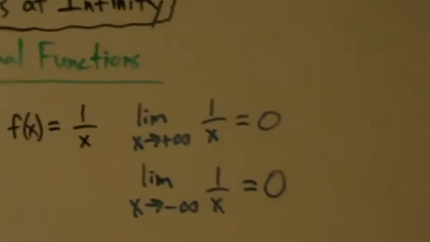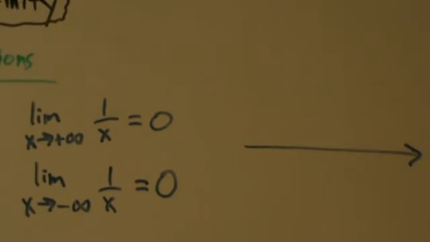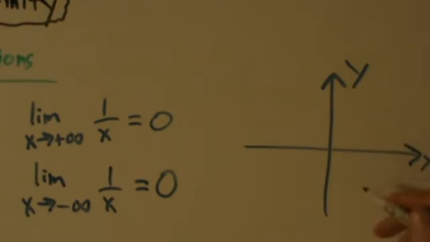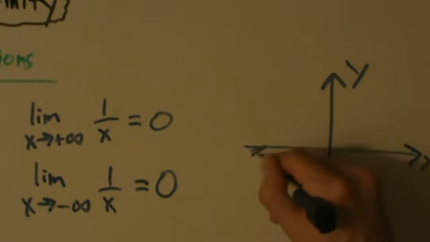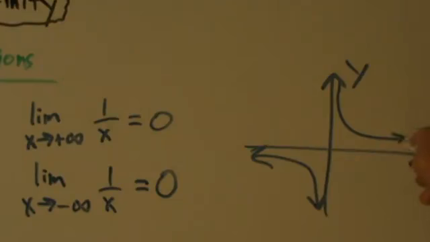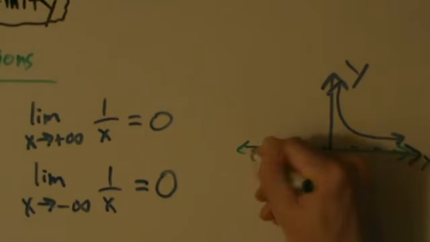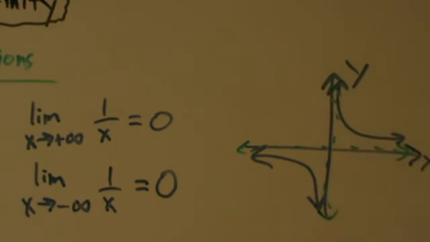So let's just look at the graph for this really quick, just to confirm this here. So x-axis, y-axis, and we know 1 over x, the graph of that just kind of sort of looks like this, roughly. And it's got this horizontal asymptote here at y equals 0, and it's got a vertical asymptote here at x equals 0, but the vertical asymptote's actually irrelevant.